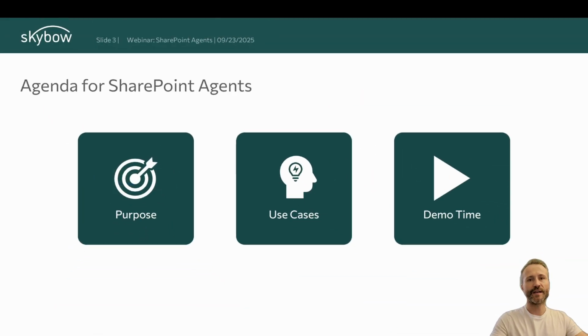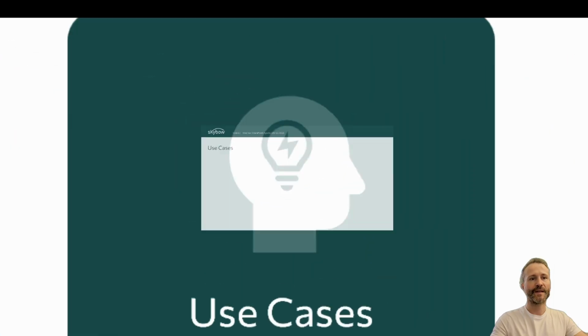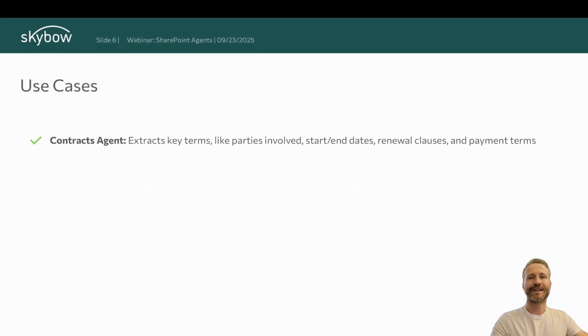Then about the use cases. There are several use cases. In the end, these simple SharePoint agents are all just chatbots. What I mean by chatbot is you can just ask questions about the content and they will give you an answer. Like a contract agent, that's the one I'm showing you in my demo afterwards.